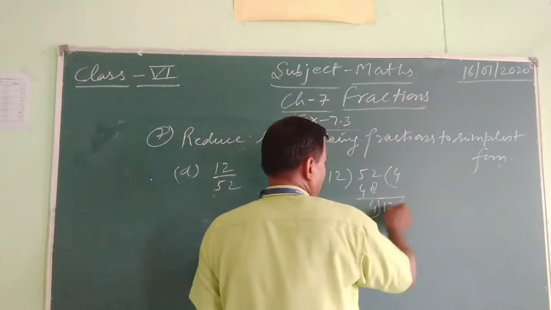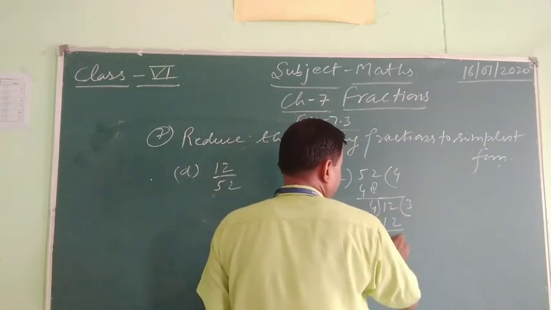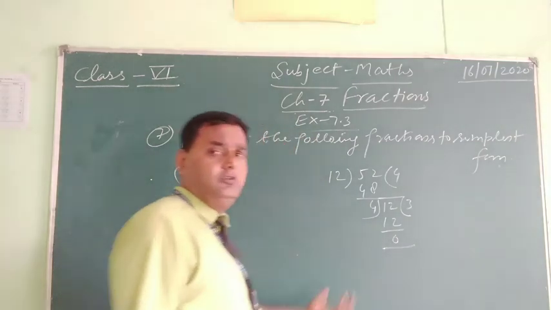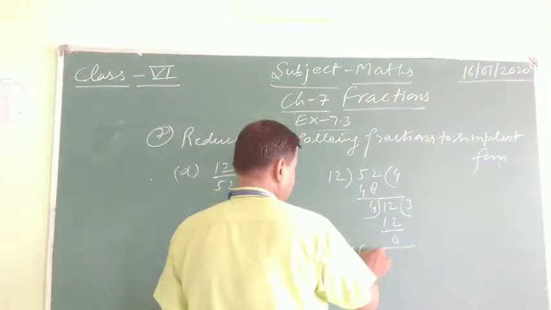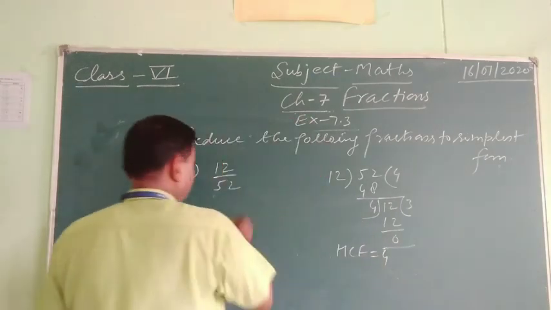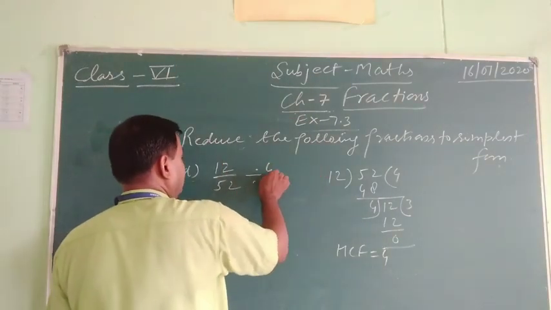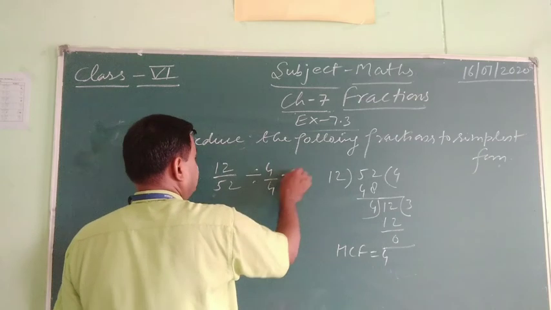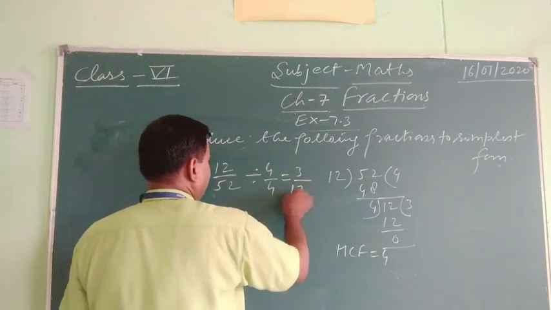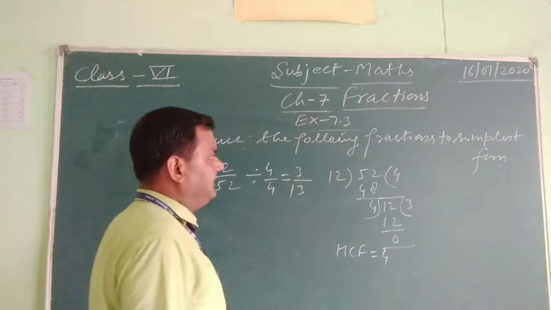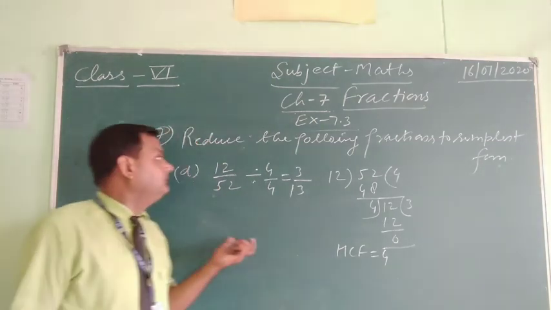Dividing 12 by 4, 4 threes are 12. So the remainder is 0. When the remainder is 0, then HCF is 4. So divide by 4 upon 4. 4 threes are 12 and 4 thirteens are 52. So 3 upon 13 is the simplest form of this fraction.